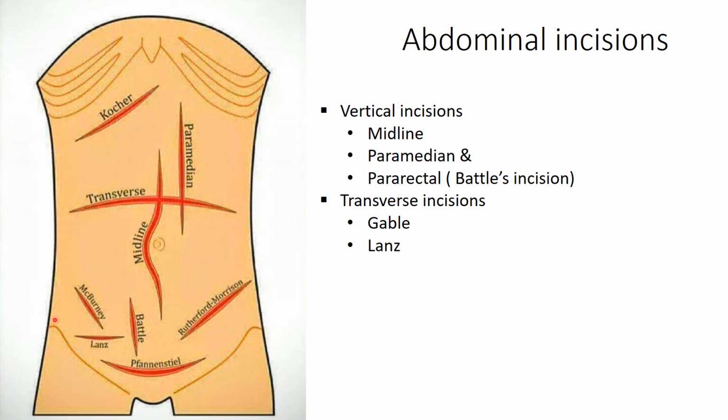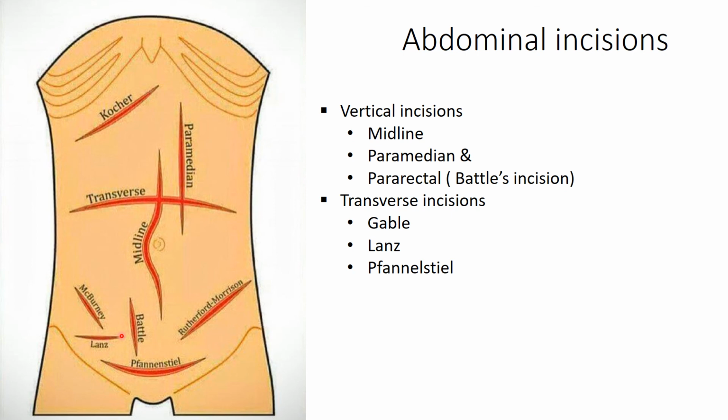Second is the Lange incision, and it is similar to that of the gridiron McBurney incision. We will discuss that along with the gridiron incision. Only this is a transversely placed incision.